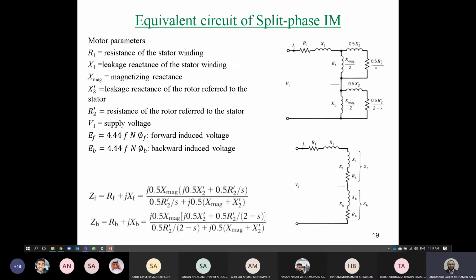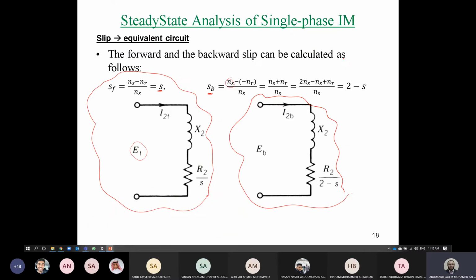Of course you have the magnetization reactance, X magnetization, over 2, because one half will be affected by the forward and the other half will be affected by the backward. So here we have EF forward due to the forward flux, due to that circuit we already discussed here. This is EF forward, and here EB, which is a backward EMF.